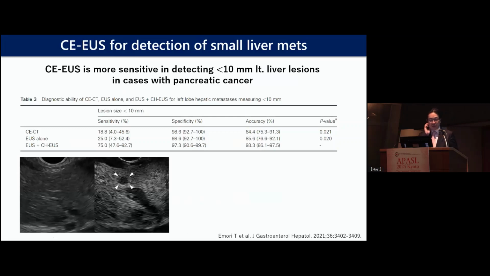For liver tumors, we all know contrast enhanced harmonic EUS is good for detection of small liver lesions, especially liver metastasis from pancreatic cancer. So with B mode, sometimes it's difficult to detect small lesions, but if you use contrast enhanced harmonic EUS, we can easily detect these small lesions in the parenchymal phase.